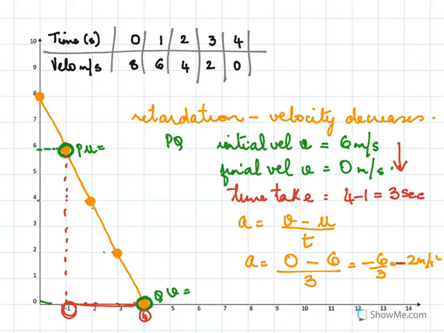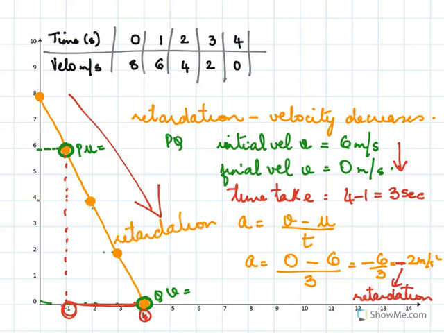Why did we get this negative? This negative indicates that there is a decrease, a retardation taking place. Every time there is a decrease in velocity, your graph will come down like this and the acceleration will be negative. So in this case there is a retardation.